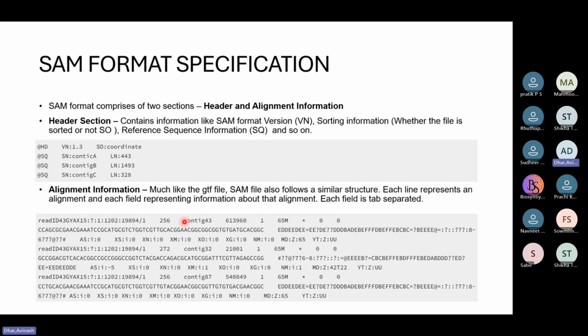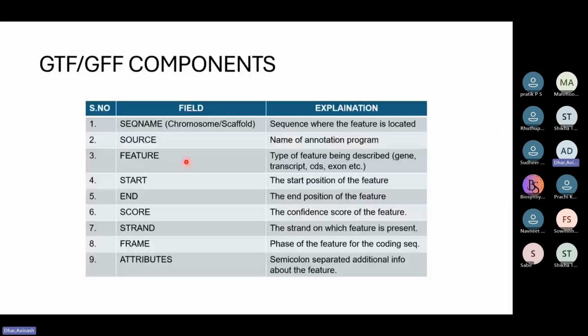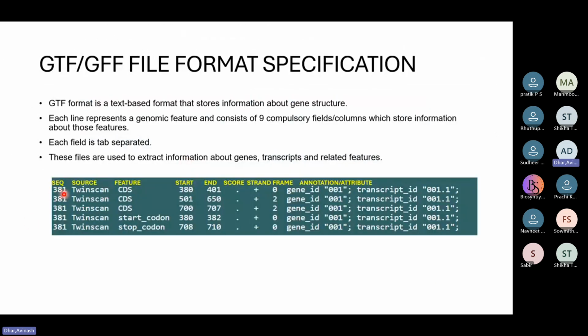Now I think this would give you a better understanding. Remember we had this confusion in the GTF file, what is this exactly? As I said, this is the scaffold number or the chromosome number.